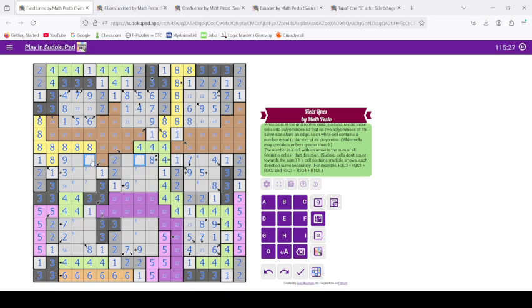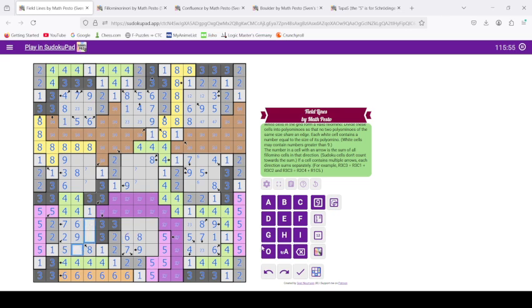Again, these can't be 7. 8 goes here. 9 goes there. 8 goes there. That makes that a 5, that is 6. 6 goes here. Goes there in that box.